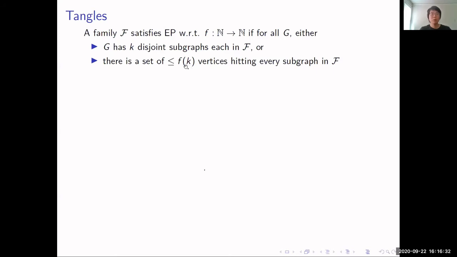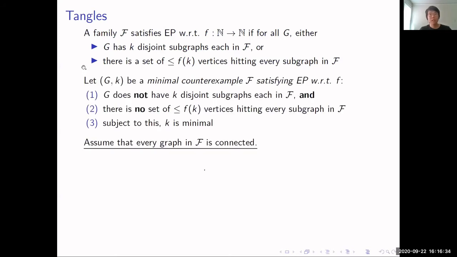So among all those graphs, let's say we pick a minimal counterexample where we don't really care about the graph, but we pick k to be minimal. So we say that G, k is a minimal counterexample to this family satisfying the property with this function f if G doesn't have k disjoint subgraphs in F, if there's no small hitting set, and subject to these two conditions, k is minimal.